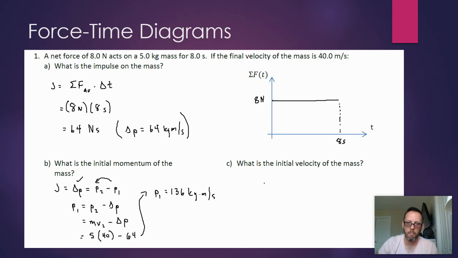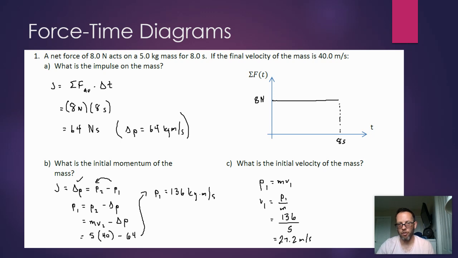And now because you know the mass, you could find the initial speed by taking the initial momentum and dividing by the mass. So that's 136 divided by 5. 13.6 times 2. It's too early in the day for me to be doing that mental math. 27.2 meters per second. And of course, if you just actually finished off the problem the way I'd set it up, you get the same answer, 27.2 meters per second.